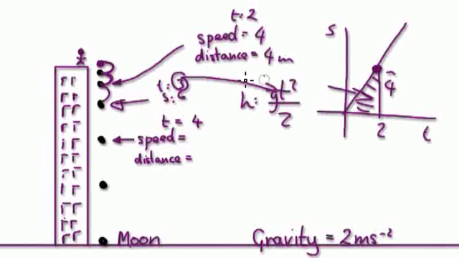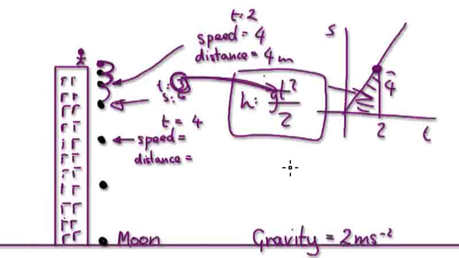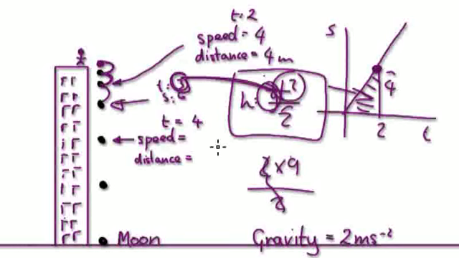I'm going to use this formula this time around. Put the 3 into the t, so 3 squared would be 9, and then you times g here, which is 2, and then you divide by 2. So these two will kill off each other. So the distance will be 9. Okay, so distance at t equals 3 will be 9.